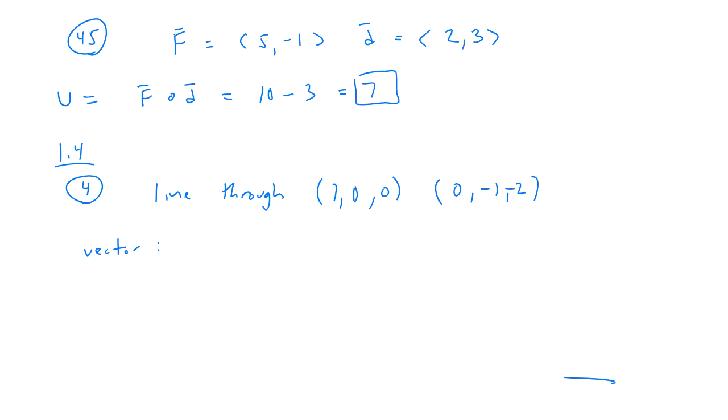So it doesn't matter if I subtract the first point from the second or the other way around, because all I need is a vector that's parallel, so it doesn't really matter. So I might as well get the positive numbers. I'll subtract the second point from the first. And that will give me 1, 1, 2.